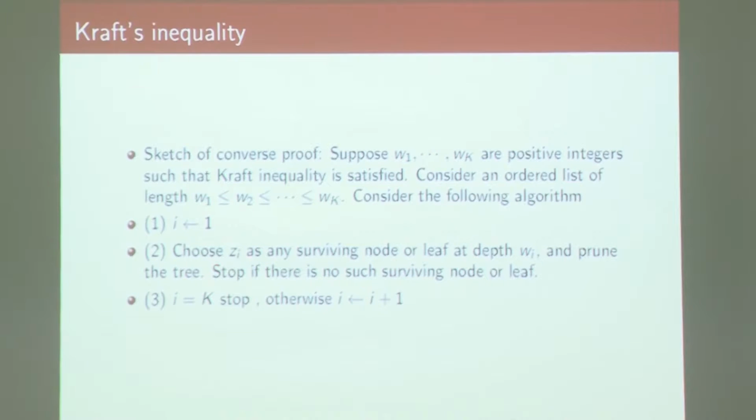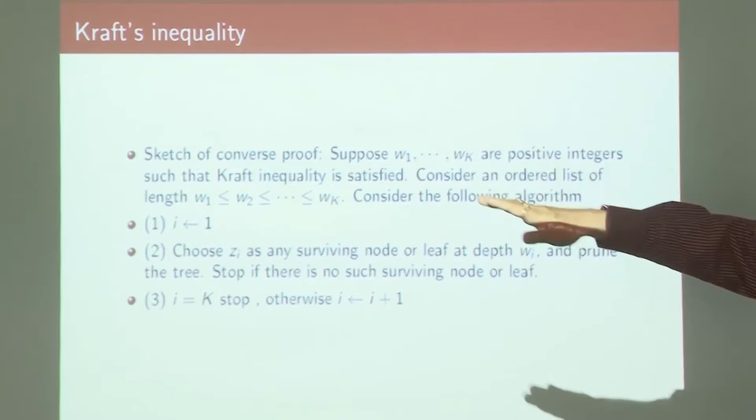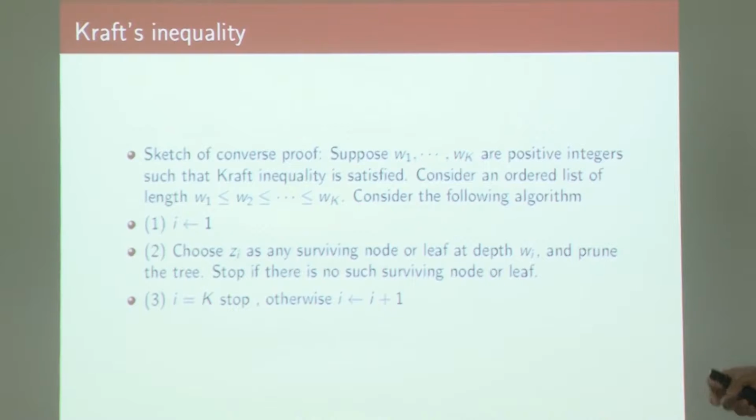Choose Zi as any surviving node or leaf at depth Wi and prune the tree. So I am going to go up to depth W1 in that tree. I have a full D-ary tree; I go up to depth W1 and then prune that leaf.